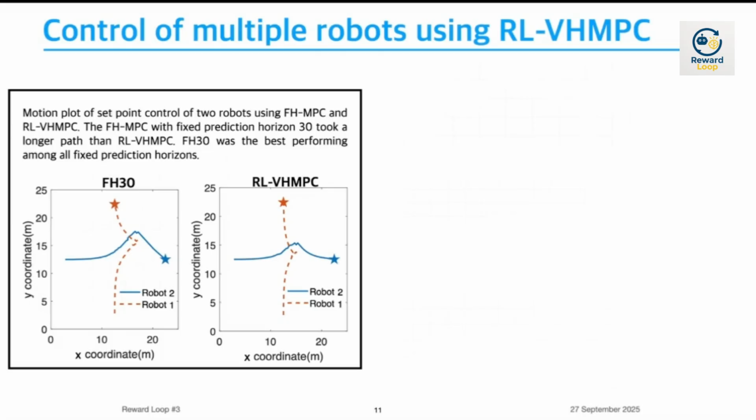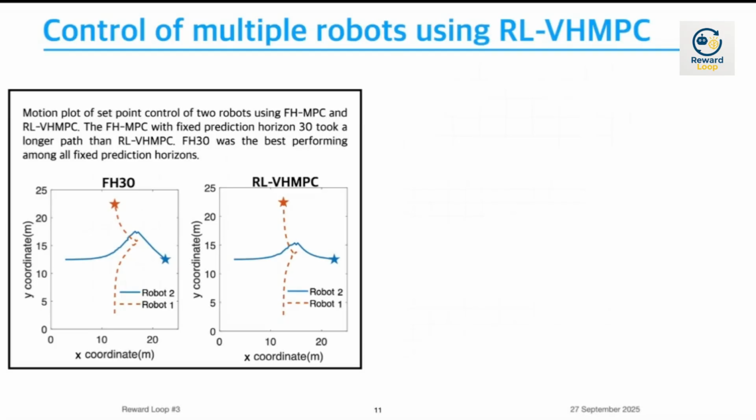They approach the midpoint, and then in order to avoid the collision, they move parallelly and then cross each other. So it takes a longer path. While in RLVHMPC, you see it takes a shorter path, both the robots, the red and the blue, robot 1 and 2. Why does it happen?